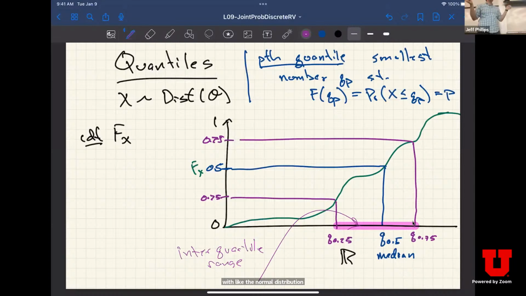The mean and the median are the same thing at that point, and the quartiles work their way out. I might want the range that has 90% of the probability, and I can mark that range. This is 50% of the probability, but I could say I want a range that's 95% of the probability. We will see these concepts more in the statistics part. I just want to mention here that they work for probability distributions in general, and we'll revisit them. So this is a first look at this.